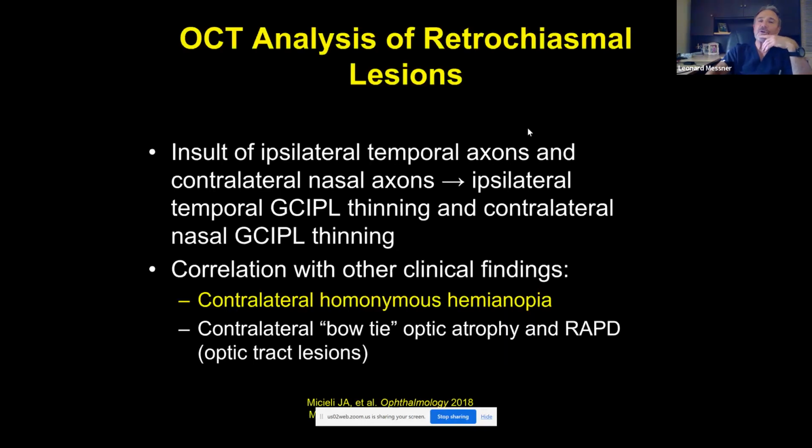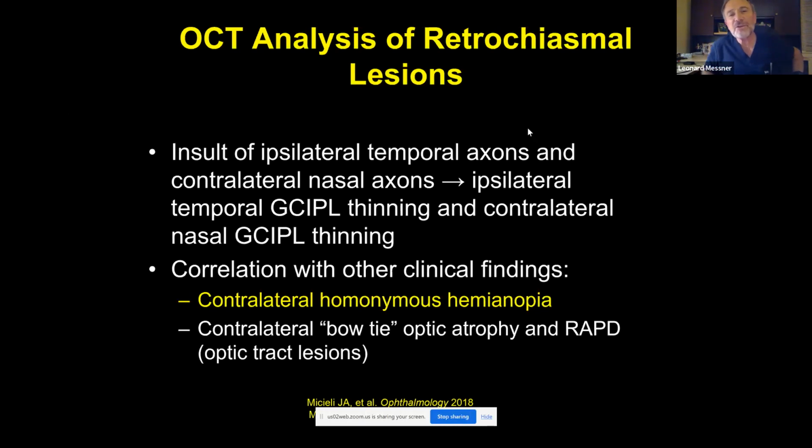Now, what about retrochiasmal lesions? Well, particularly with optic tract and optic radiation lesions, they're leading up to the visual cortex within the occipital lobe. It's very, very common to have homonymous thinning of the paramacular region that goes along with the homonymous hemianopia that you see on the visual field.